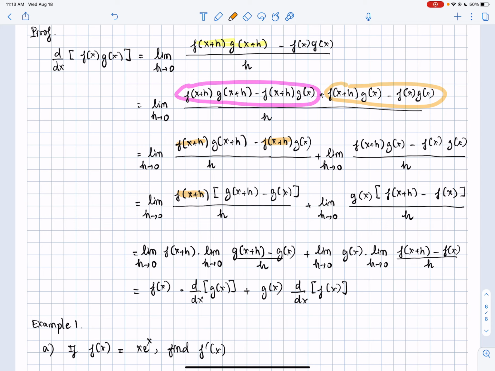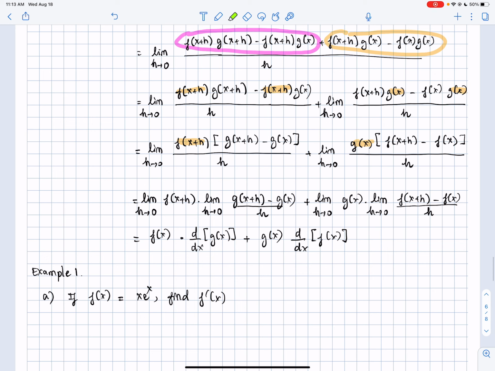For the second one, g of x is the common factor, so we factor it out. Now we have a multiplication between these two, so it's equal to the limit of one times the other. The limit of the product is the product of the limits, so we separate them.